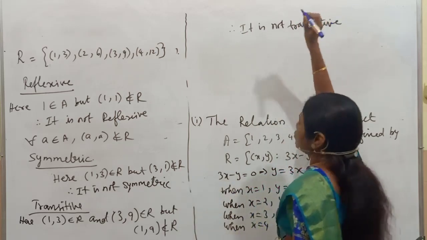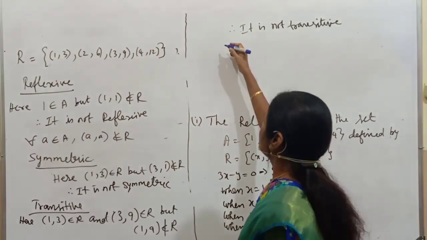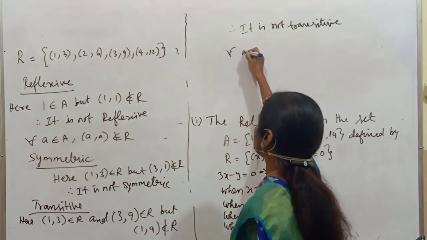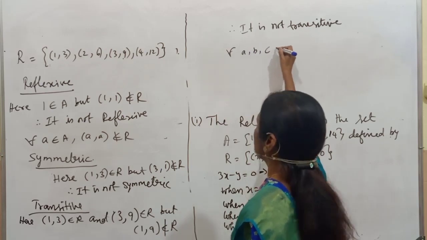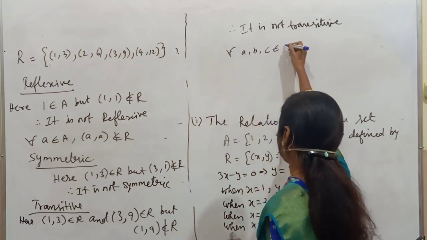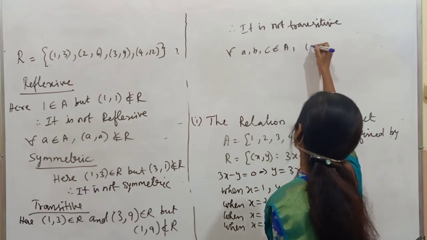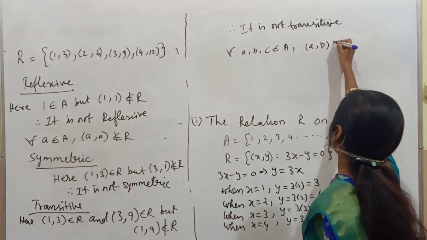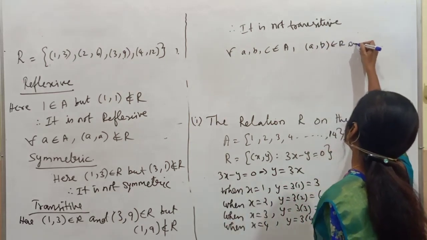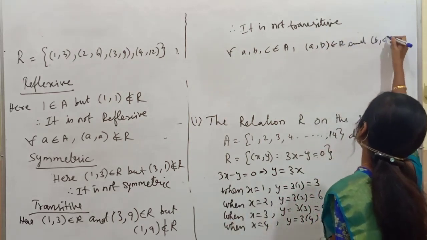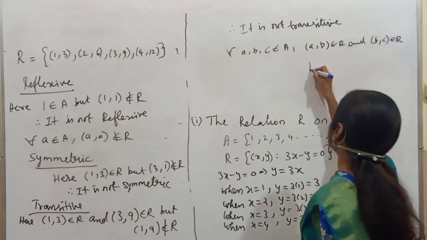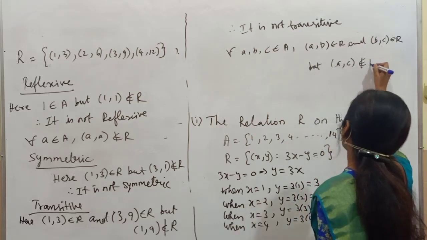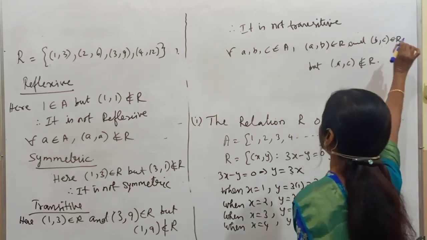It is not transitive. If we want to say in general, for all A comma B comma C belonging to the set, you can say it in terms of X also: A comma B belongs to R and B comma C belongs to R, but A comma C does not belong to R. Therefore, it is not transitive.